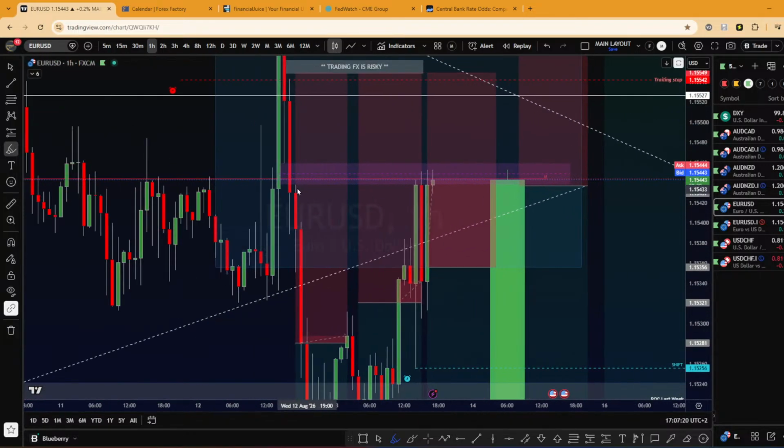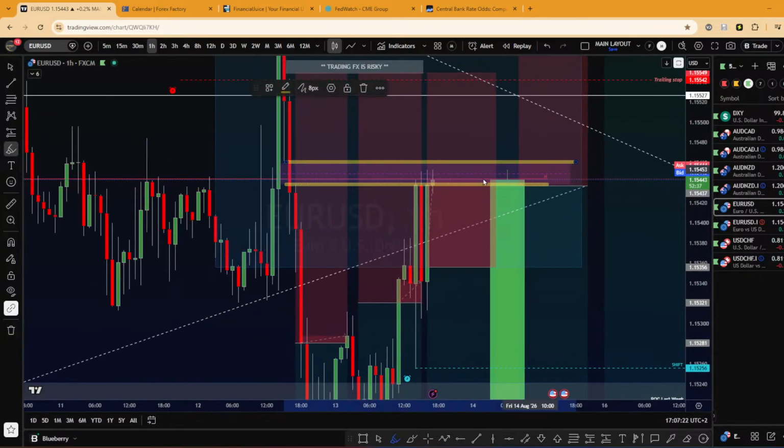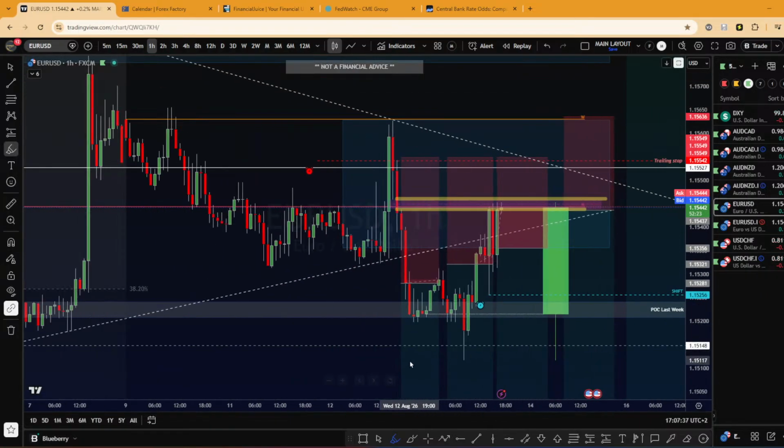Like I said, I want to see a rejection of this level. If I see some rejection, okay, but if we see a close above it, I think I will close some position on this one.